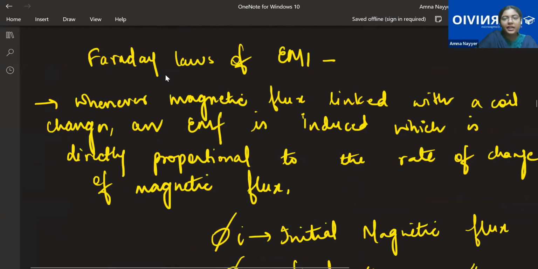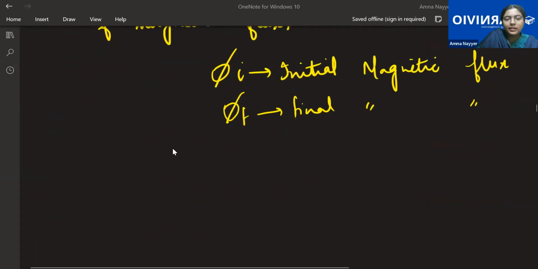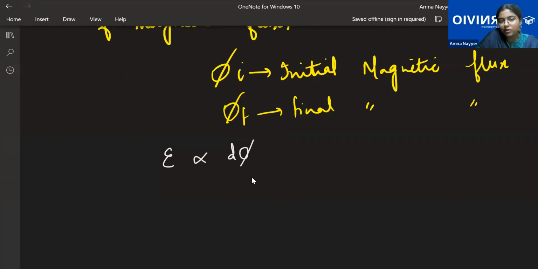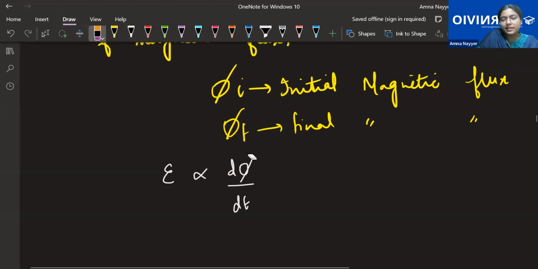See, coming to Faraday's laws of EMI. The first point of Faraday's law is that whenever you have the flux getting changed, there will be an EMF produced. That is what we have seen. So we can say here the EMF produced is directly proportional to the rate of change of the magnetic flux. When I say flux here, I'm referring to the magnetic flux.